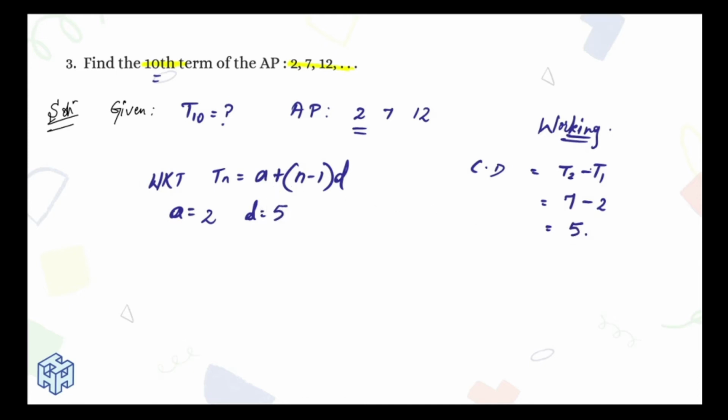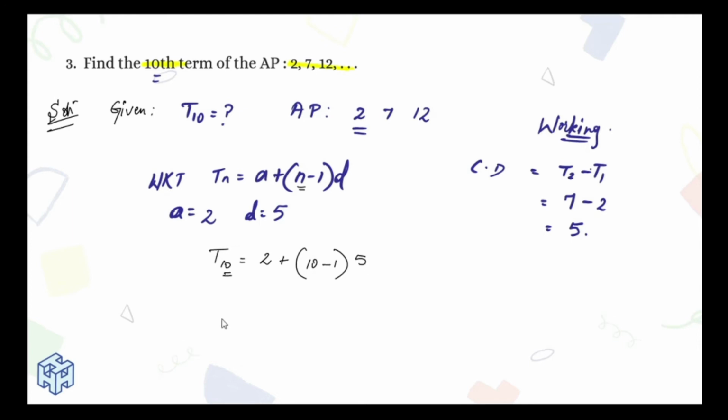Now let us write the solution. So T10 is equal to A. A is nothing but 2 plus they are asking to find n, that is 10, right? N is our 10 minus 1.